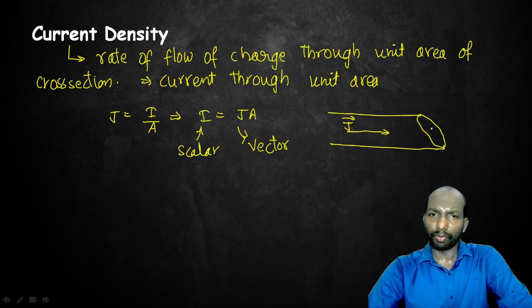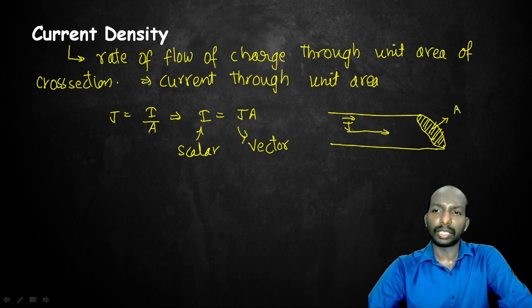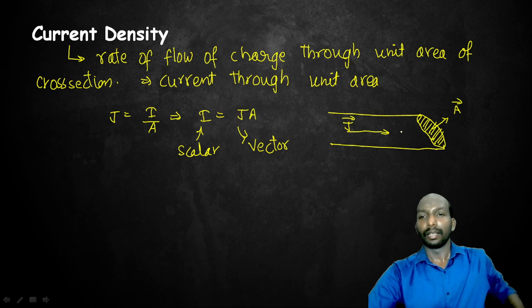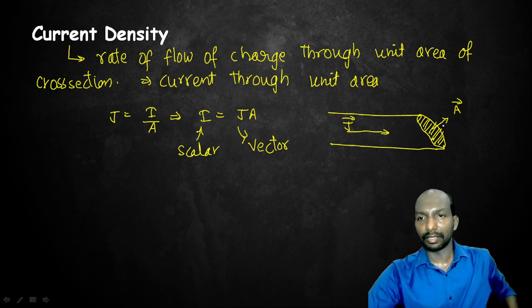Now I want to find how much current is in this particular direction. I have taken a small area of cross section, and the direction of the area vector will always be perpendicularly outward, or normal, to the surface. So this is the A bar direction, and here J bar is like this.